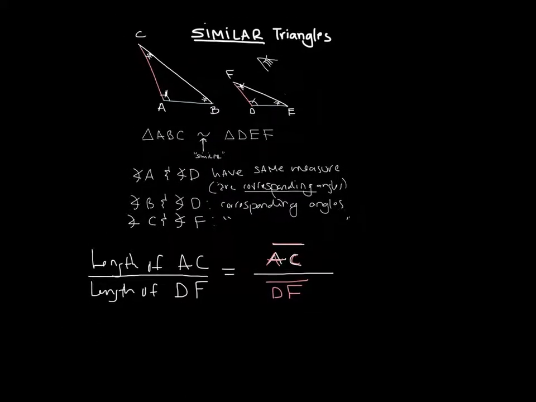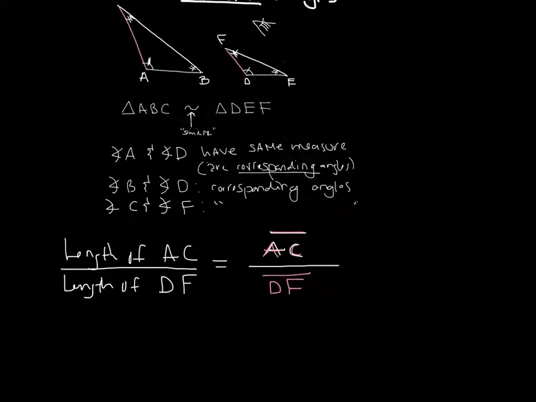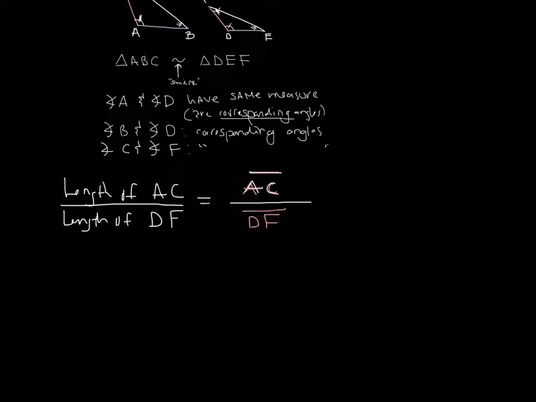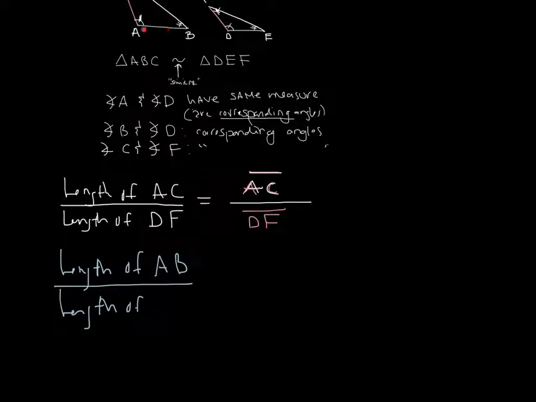So let's go ahead and write out the other sides. So let's color code here. So blue, we have the length of AB corresponds to the length of, here's AB, and here's DE.